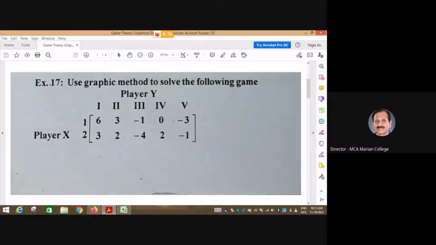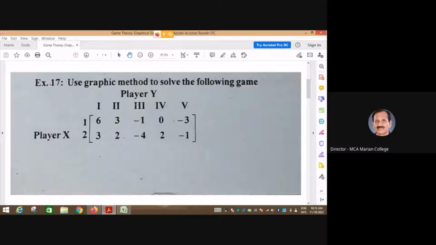So in graphic method, what we have to do is, here you can see player X will choose strategy 1 with a probability P, and player X will choose strategy 2 with a probability 1 minus P.